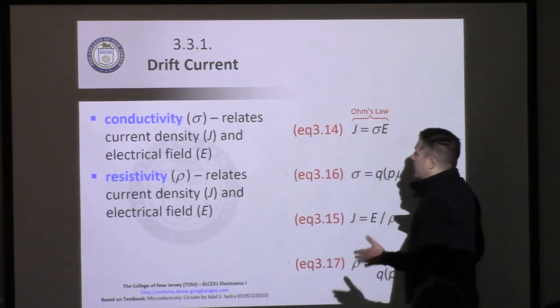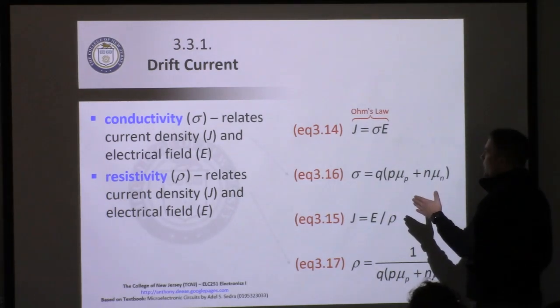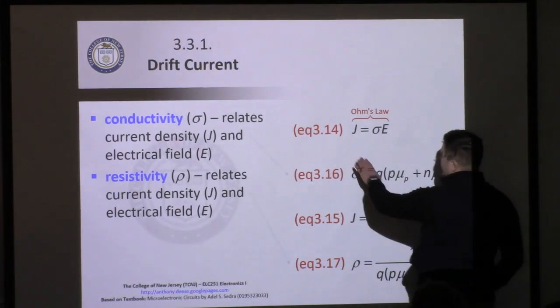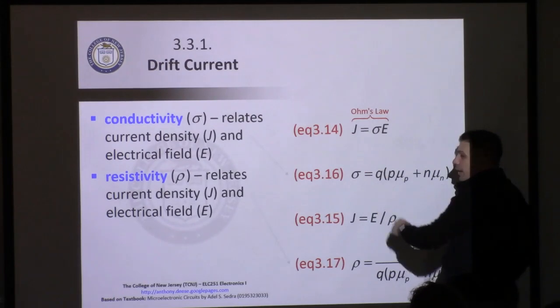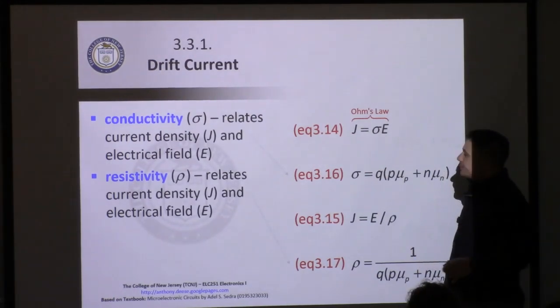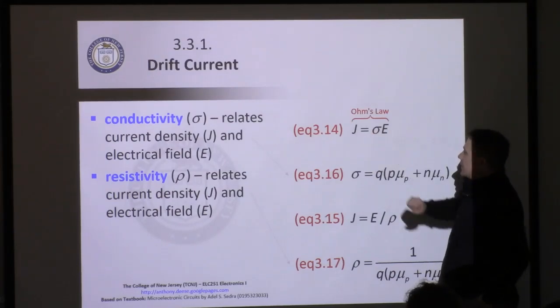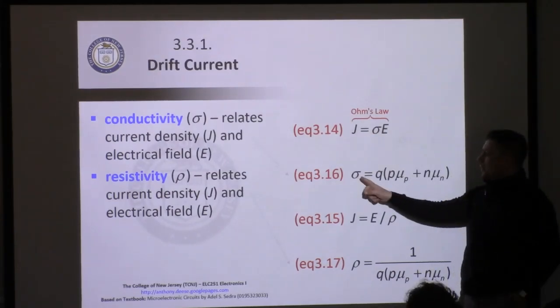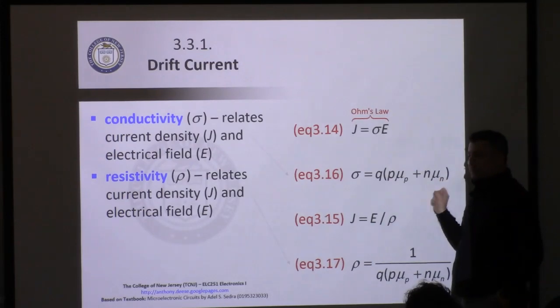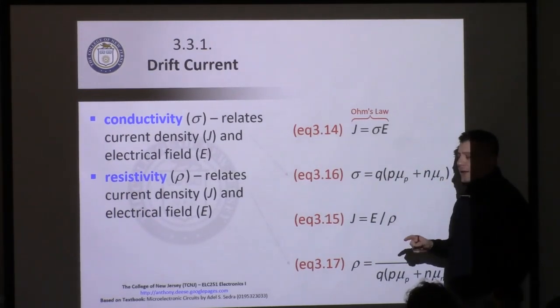Last time we talked about drift current. So drift current and drift current density, which is J, equal to I over the cross-sectional area. The current density is equal to conductivity times electric field strength, where conductivity is defined as this. Q, charge of an electron.